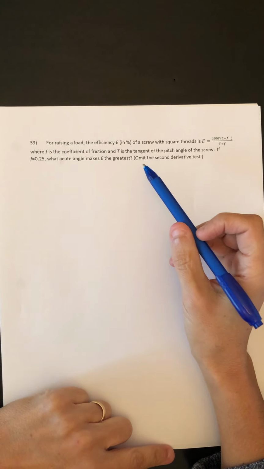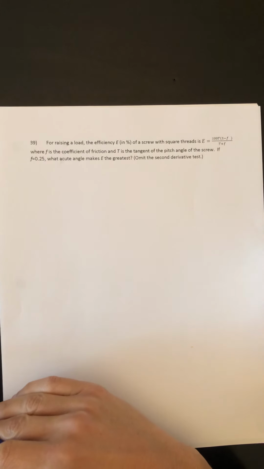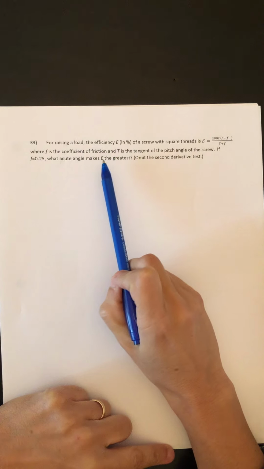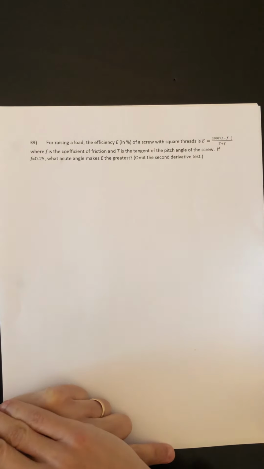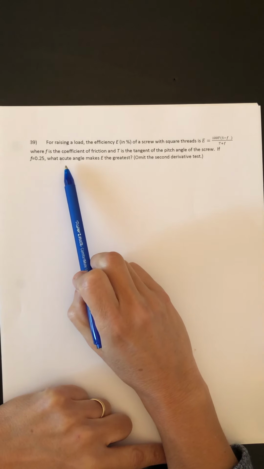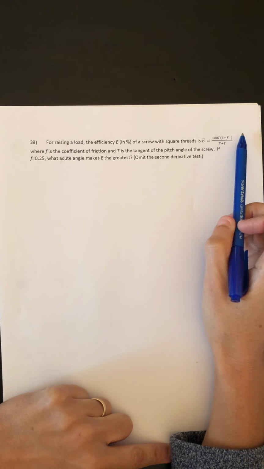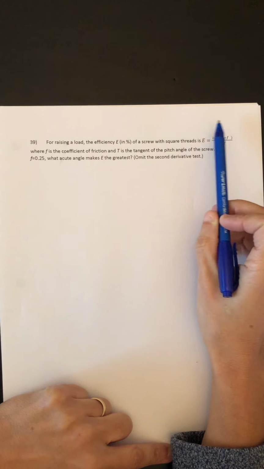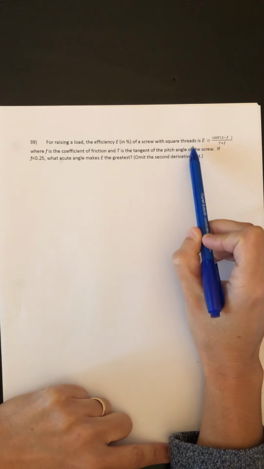We should determine what we're trying to maximize or minimize. Again, it's the efficiency, E, that we're trying to maximize. And we're looking for the acute angle that makes this happen. But when you look at the equation, it doesn't directly involve the angle.